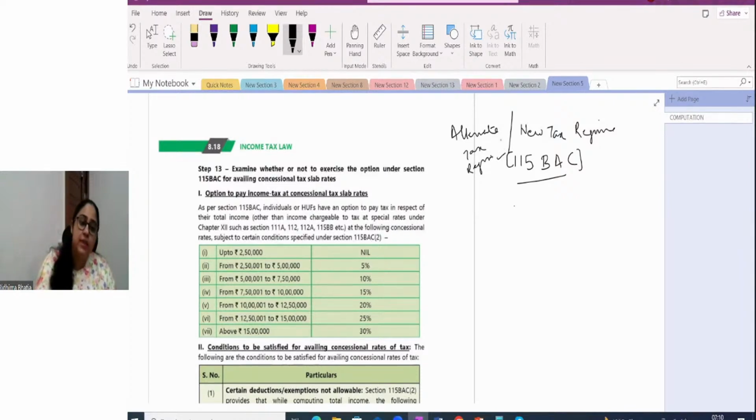Now, why this came, I told you, because the government wanted to show that yes, we are concerned about the tax which you're paying. At the same time, the government wanted us to realize that they are giving us so many deductions, so many exemptions under particular heads from gross total income.